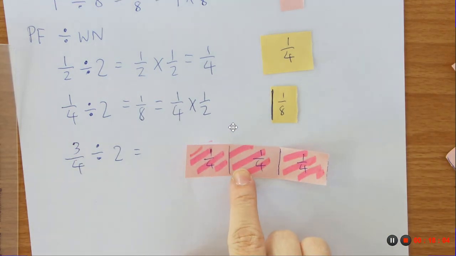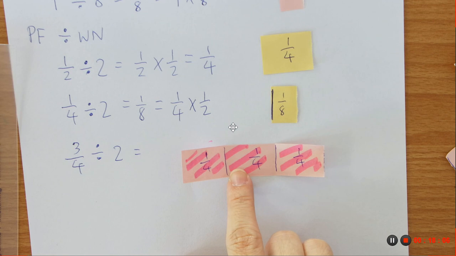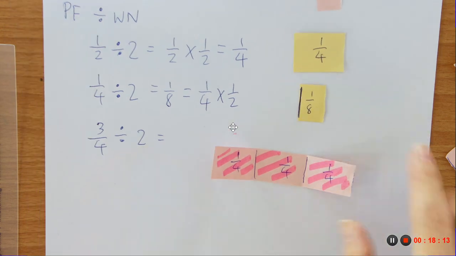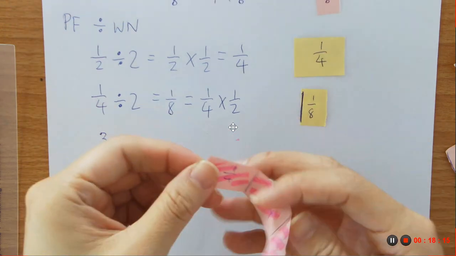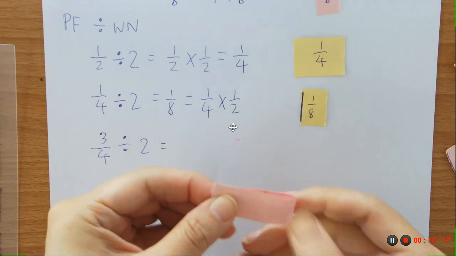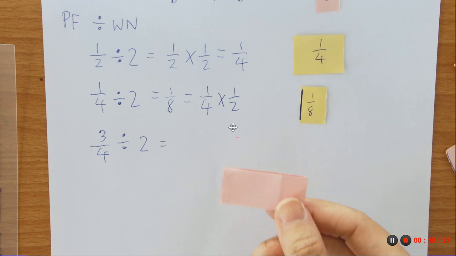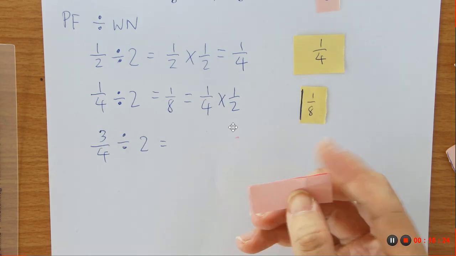Divide by 2, right? So I divide by 2. Cut it in half. Divide into 2 parts, correct? I just cut the 3/4 into 2 parts.